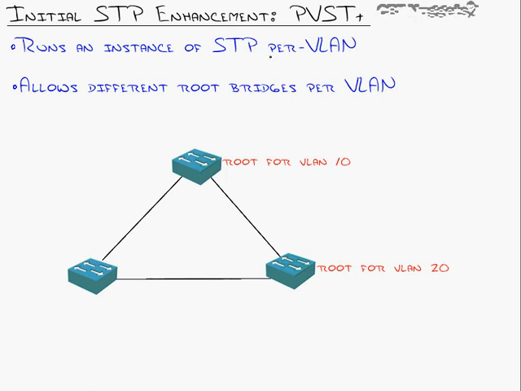But what Cisco's initial enhancement did to spanning tree is allow you to run an instance of spanning tree per VLAN. As if spanning tree wasn't confusing enough already, there's going to be many instances of spanning tree running. Here's the idea behind it. Down here I have our little topology that we're using in our network with 3 switches.